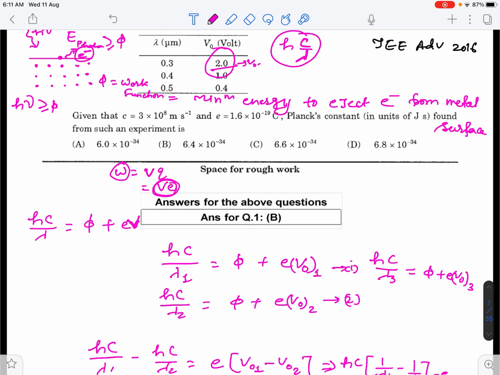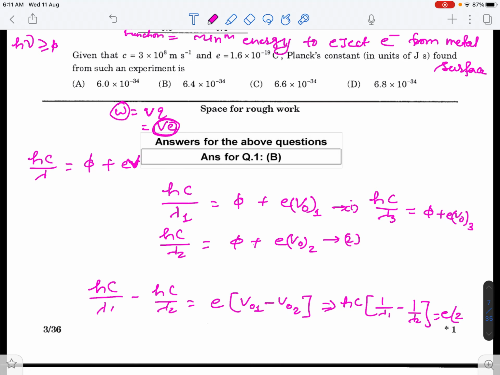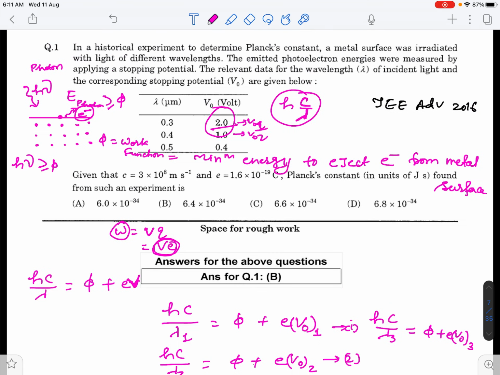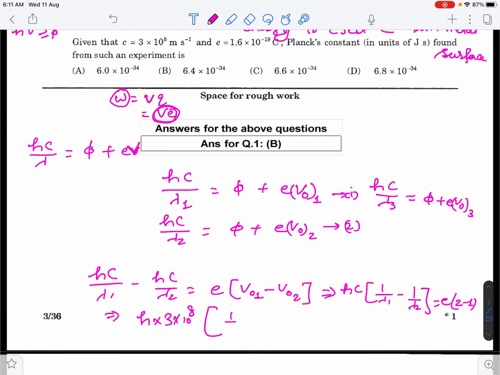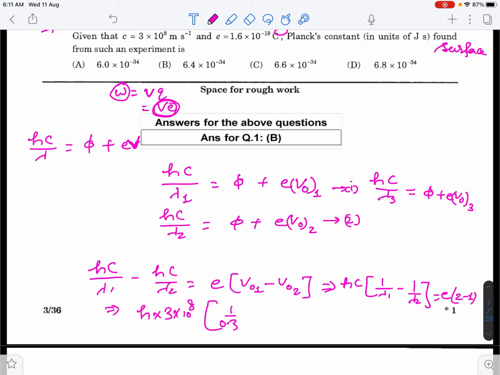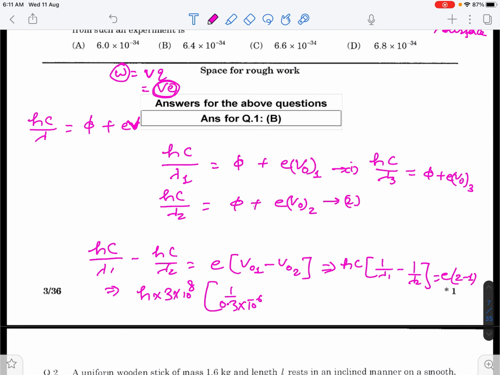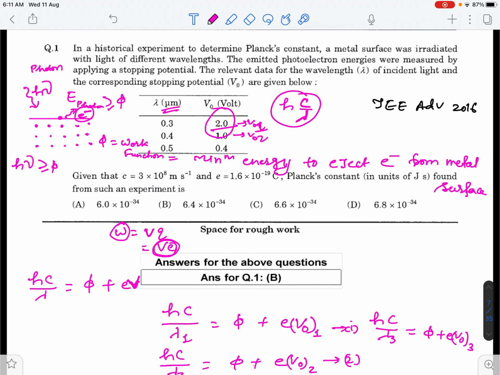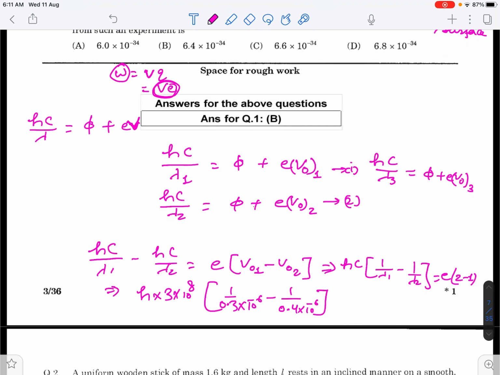Now h I have to calculate, and you know the value of c is 3 into 10 to the power 8. 1 by lambda 1, corresponding to V01, is 1 by 0.3, but don't make a mistake, this is in micrometers, so multiply by 10 raised to the power minus 6, minus 1 by 0.4 into 10 raised to the power minus 6. You can see the value of lambda 2 is 0.4.